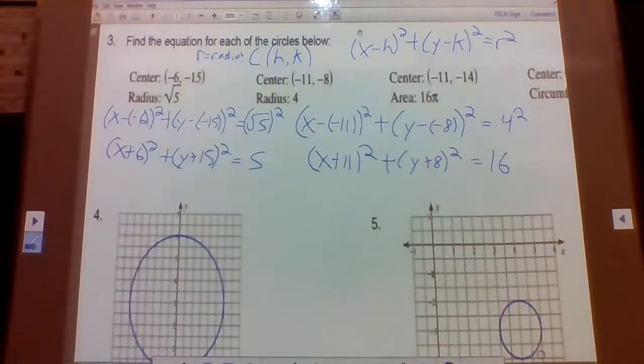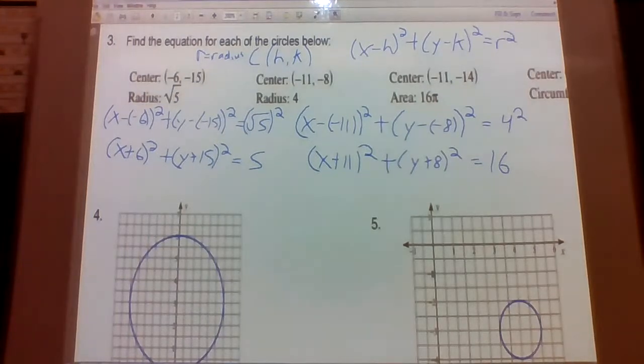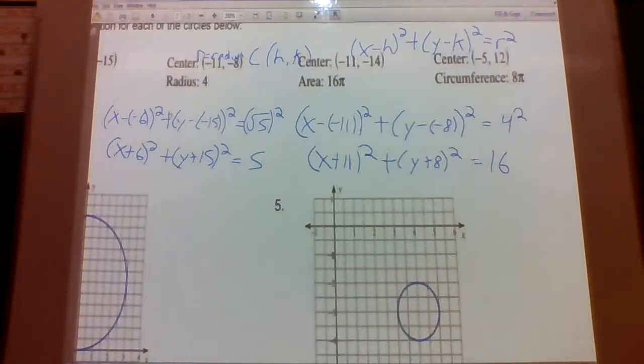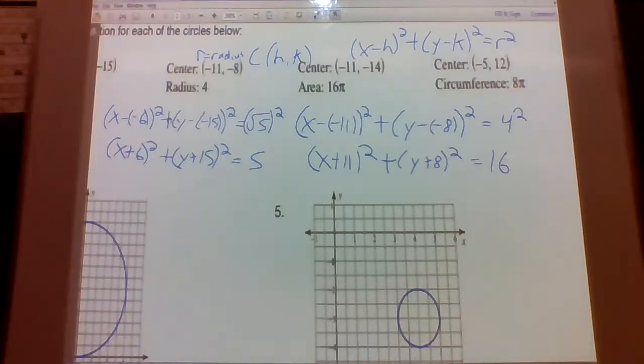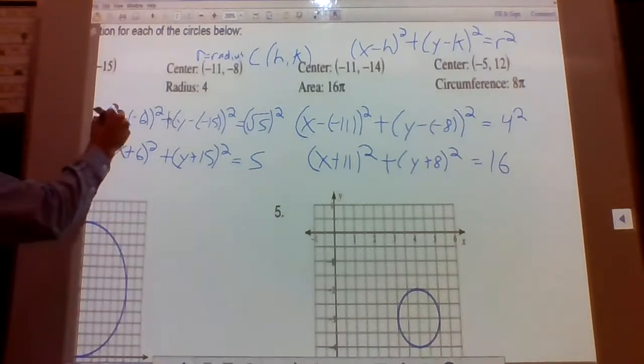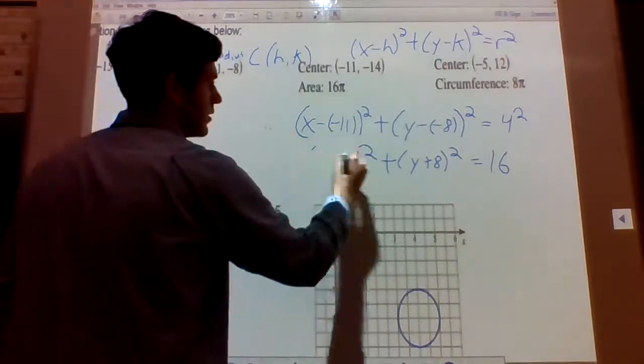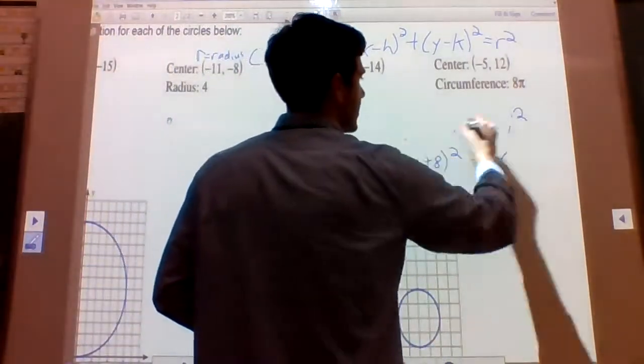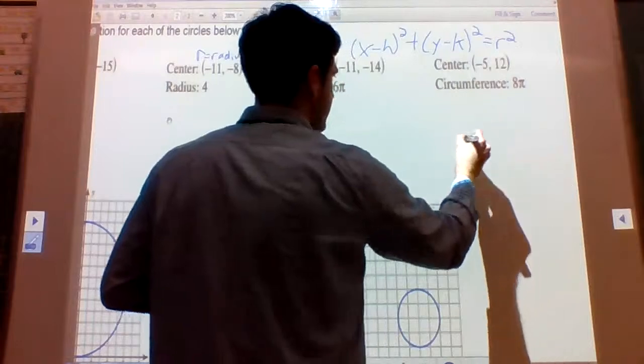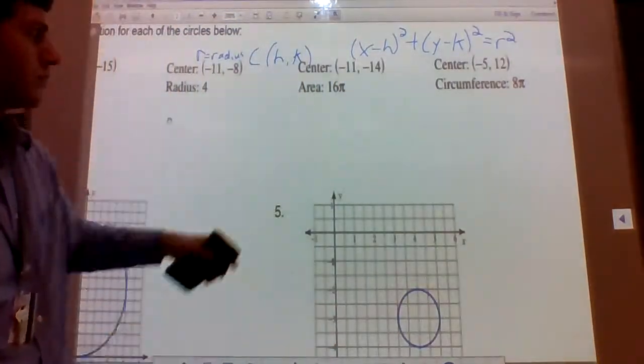Let's do the second two. I'll leave the equation up there. Okay, the first thing we need to do for the third one here, well, let's put it in.